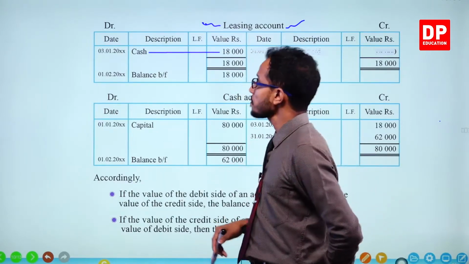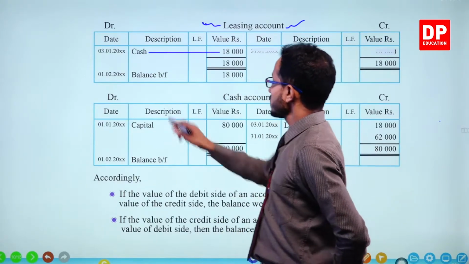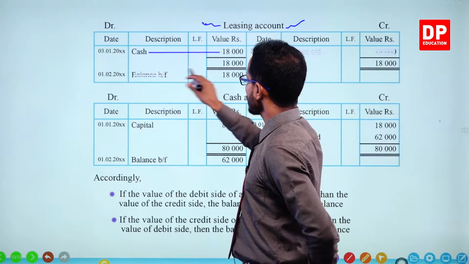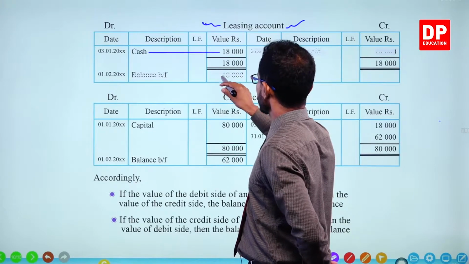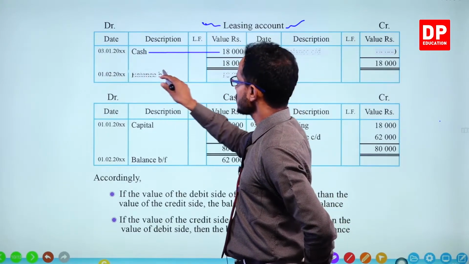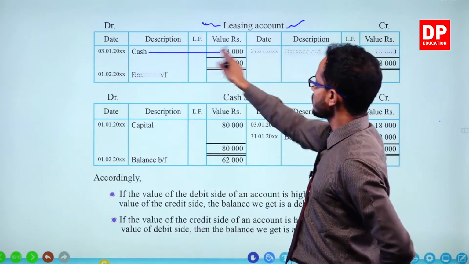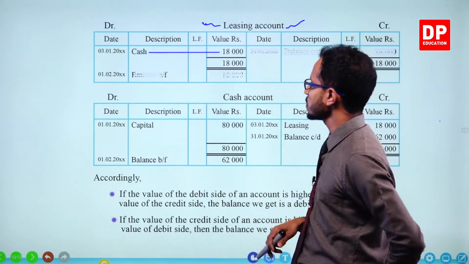I erased it, and even the balance brought forward. There's no need to erase. I'm going to reveal it in the end, but for now I'm just trying to erase to show you how to balance this type of an account.